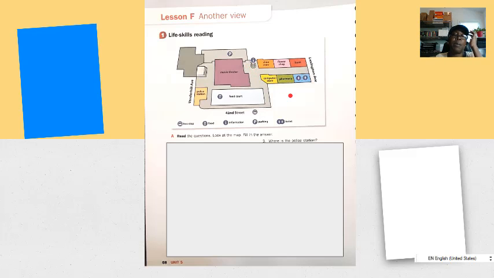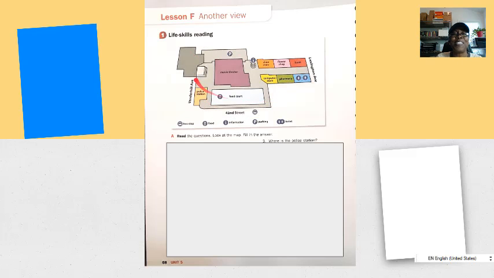Sometimes you can see the map at the information booth, or when you first walk into one of the doors. I don't think they have a map at all the doors, but I think they have maps at a lot of the doors, most of the doors when you walk into a shopping mall.